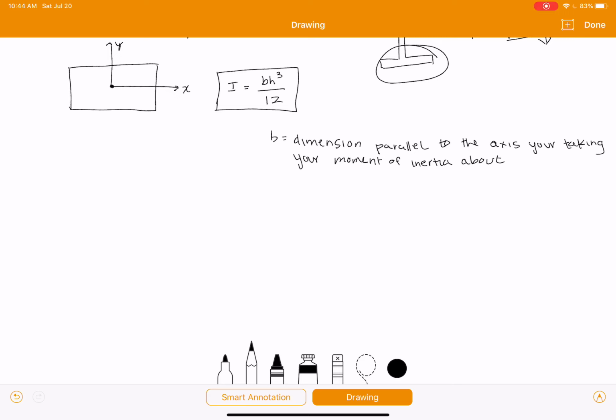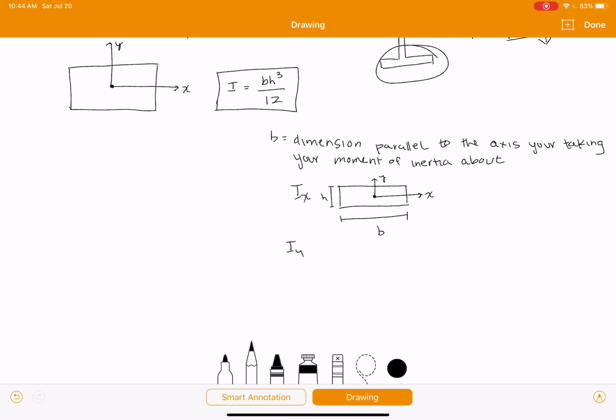So if you wanted to find Ix, again, centroid's there, that's y, this is x. This is going to be your b dimension. And then by default, obviously, this will be your h dimension.